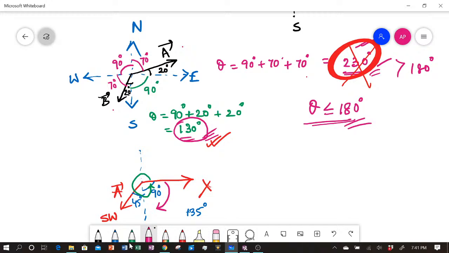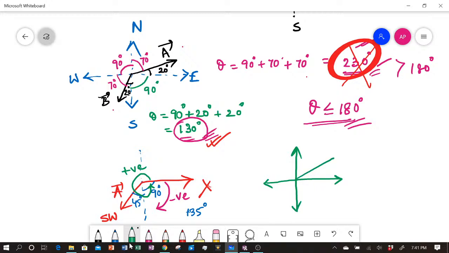Negative direction. That is, clockwise direction is negative and anti-clockwise direction is positive, right? We always take angles from any axis in anti-clockwise direction.